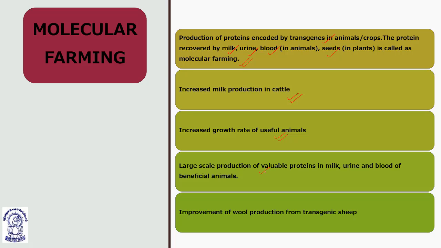It helps in the large scale production of valuable proteins in milk like alpha lactalbumin, which is a human protein, in urine and in blood of beneficial animals. It helps to improve the wool production from transgenic sheep. So all these are the parts of molecular farming.